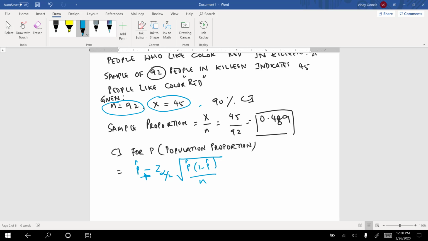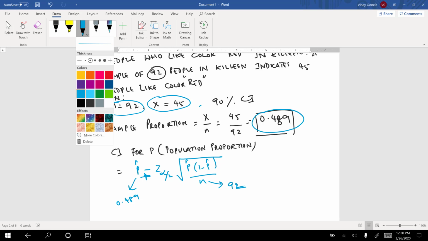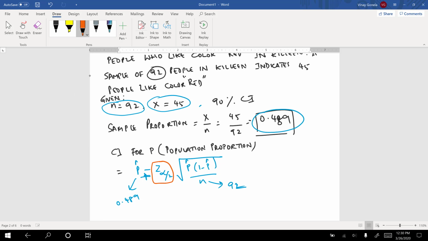We know 0.489 is p hat, and our sample size is 92. The only thing we need to know now is our z alpha over 2, which is the critical value.